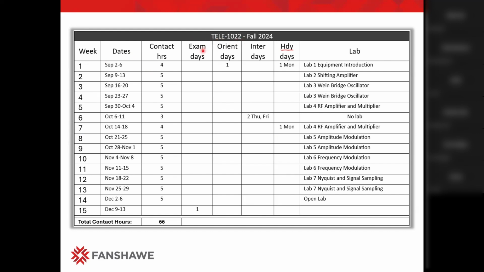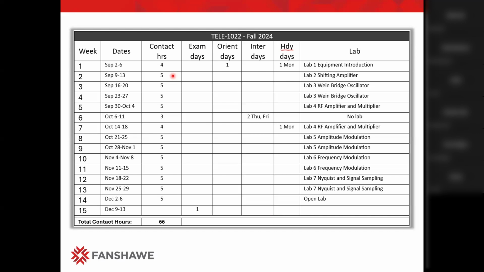All right, so here is our schedule. Here are the weeks and here are the dates. Week 1 is September 2 to September 6, Monday to Friday. The 2nd is Monday, the 6th is Friday, and so on. Contact hours: usually we're going to have 5 contact hours, which means hours spent in class.